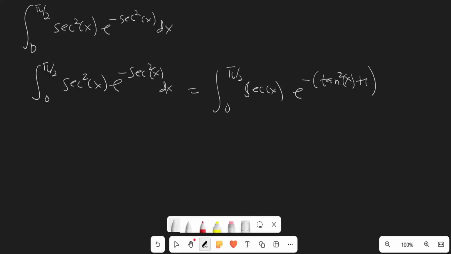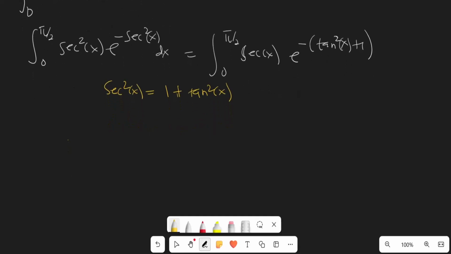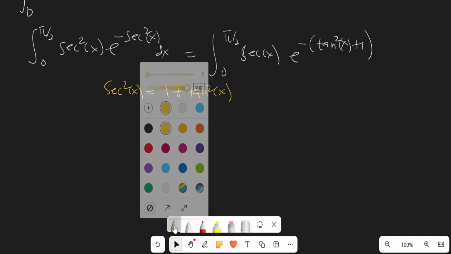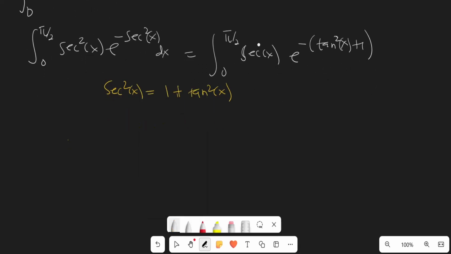Now we are using the identity that secant squared x is equal to 1 plus tangent squared x. So you can just plug that in place of secant squared x. But I'll leave this secant for now for obvious reasons, which you will see in a moment.